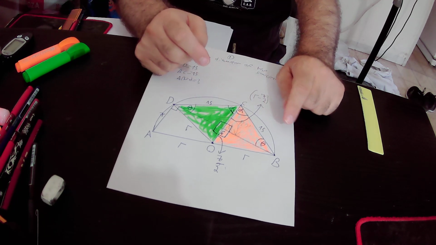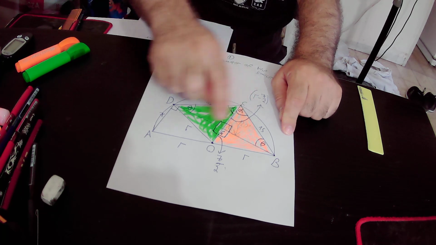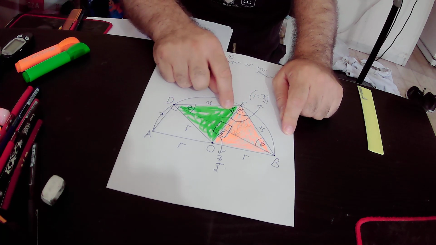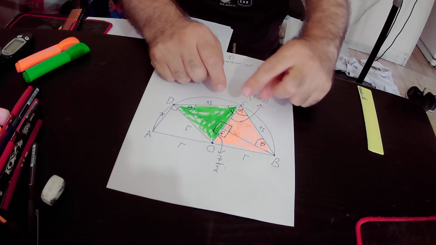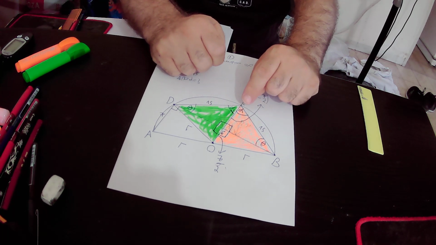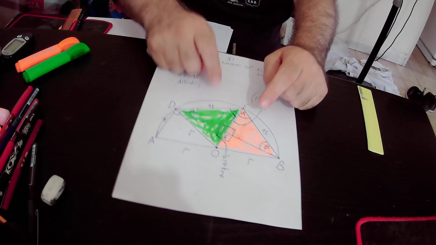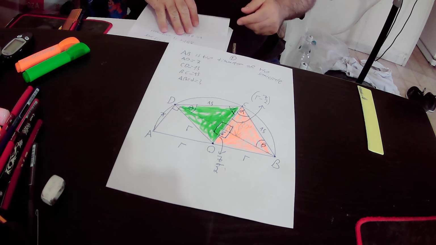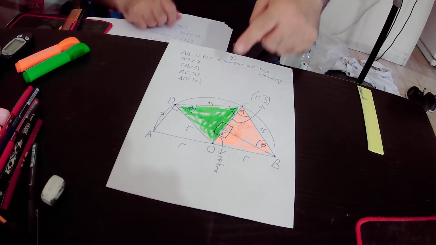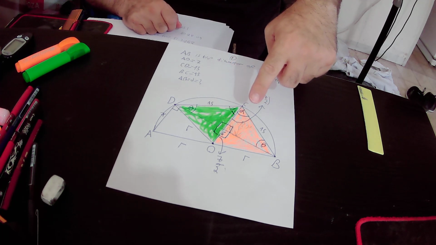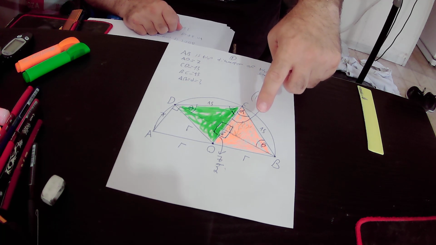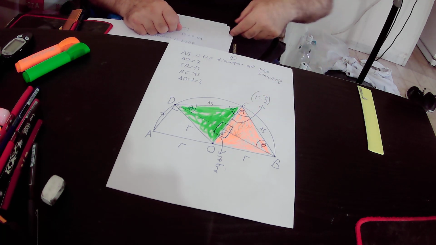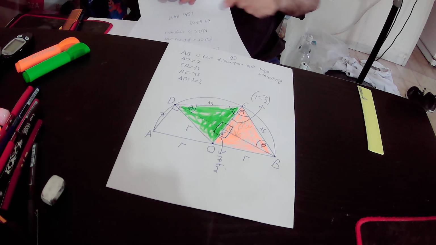So we proved that two sides and the included angle in the green triangle are equal to two sides and the included angle in the orange triangle. Therefore, those two triangles are congruent to each other according to the side angle side rule. Again, the green triangle, triangle DEC, is congruent to the orange triangle BEC according to the side angle side rule.